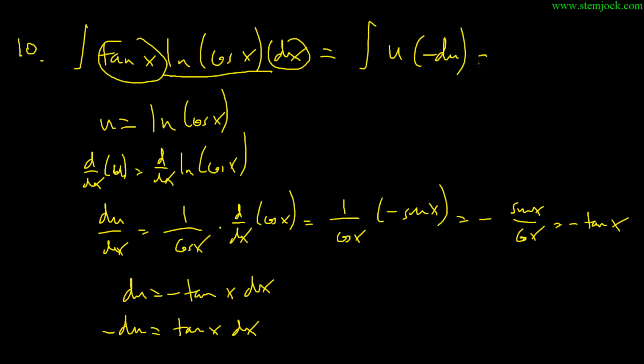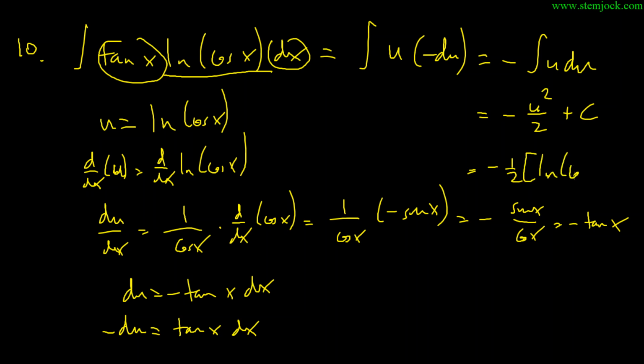The -1 is a constant, so I can bring it out in front. So this is negative integral u du, which is negative u squared over 2 plus c. And now that the integration is done, I change back to the original variable. So this here is negative 1/2 ln cos x squared plus c. And this here is our final answer.